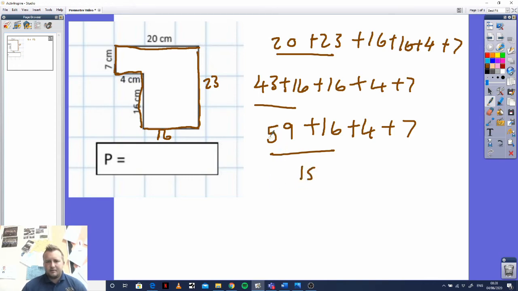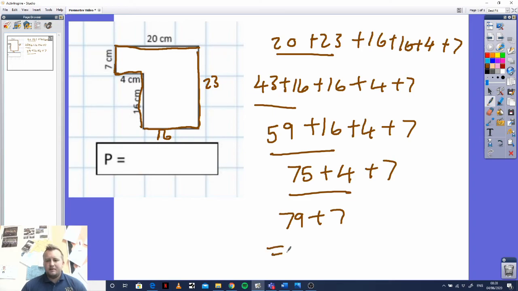I'm going to write down 5 plus 1 is 60. So you've got 60 plus 15, which is 75, plus 4, plus 7. 79 plus 7, and then you've got your answer of 86. 86 centimeters is my perimeter.